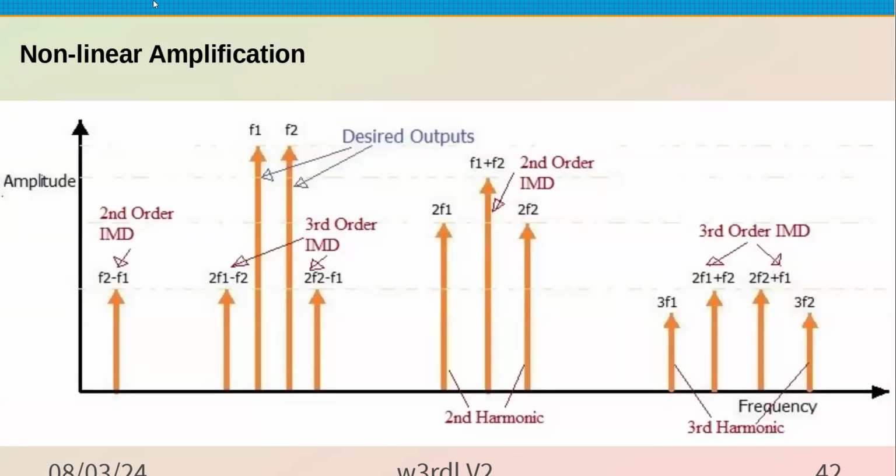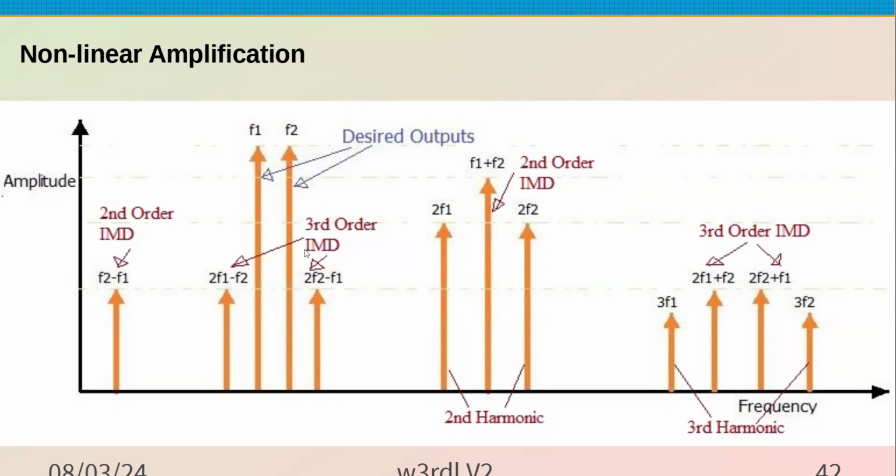This chart, I always get confused by it. So somewhere we have F1 and F2, which are the two desired outputs. Two different frequencies, slightly separated.